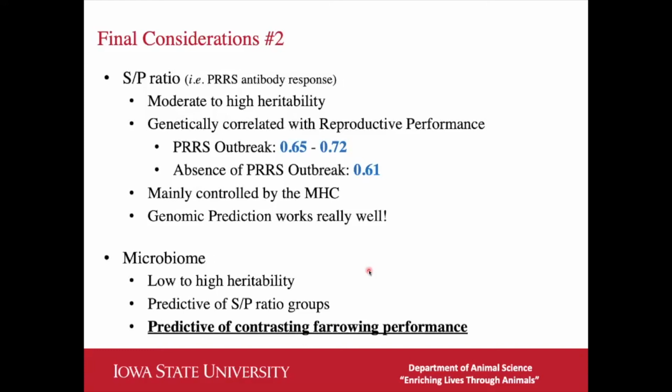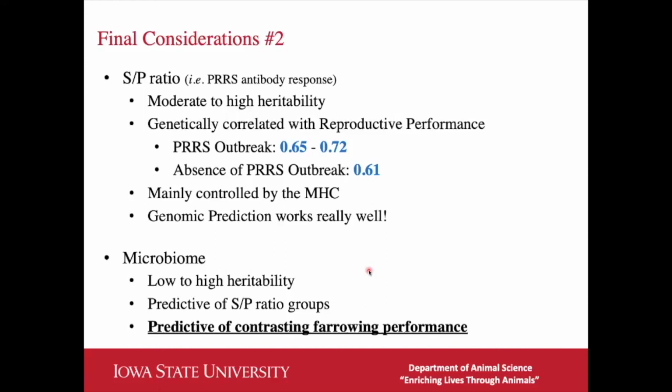The most important genomic region is the major histocompatibility complex, which controls the immune system of mammals. And we also showed you that genomic prediction works really well. You can actually use genetic markers and predict with high accuracy which are the animals that will have a better immune response.